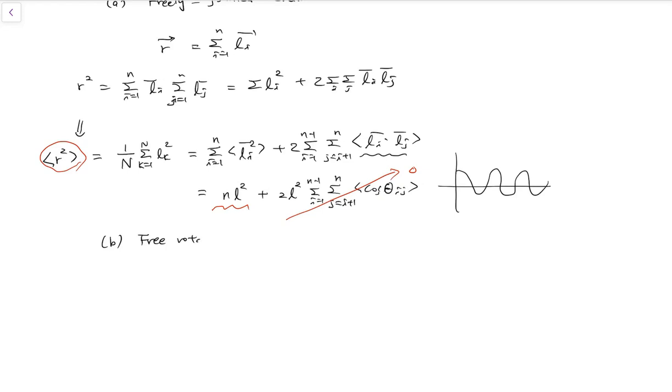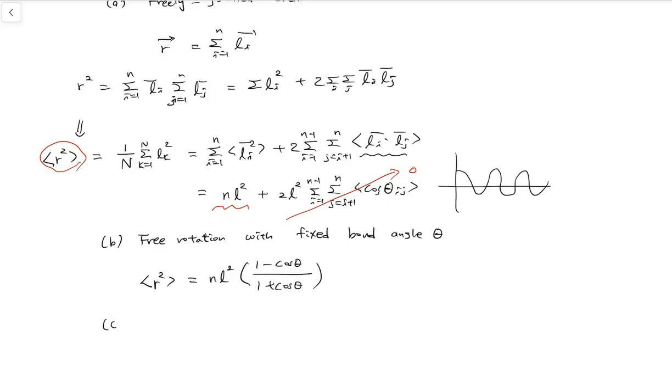Second case is free rotation with fixed bond angle theta. Just see the result. R square average is N L square times (1 minus cosine theta) over (1 plus cosine theta), right?